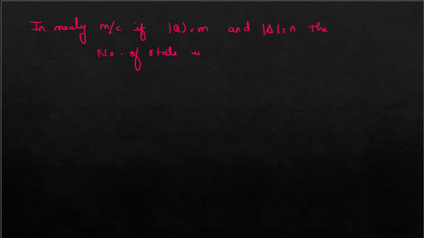In Mealy machine, if states are M and symbols are N, the number of states in Moore is equal to M into N, which is the maximum possible.